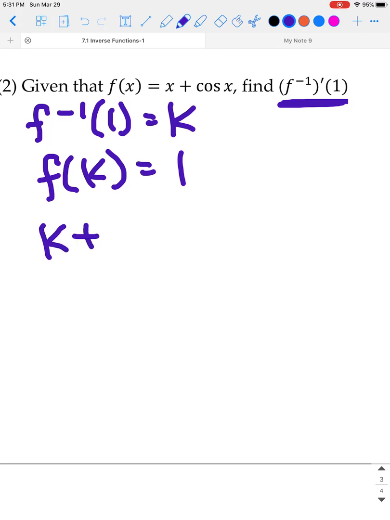So if I take my function expression then, and I make these k's, so k plus cosine of k equals 1, can I solve for k? Well, turns out I can, at least in a very simple value. So take a moment and think about what value would give you 1 here.